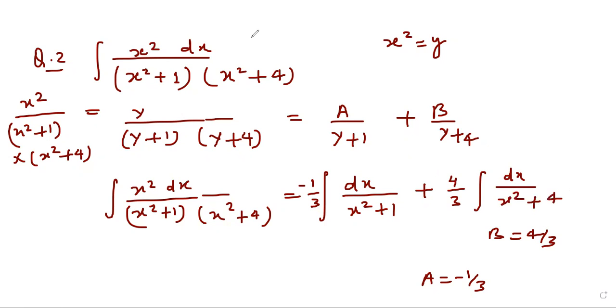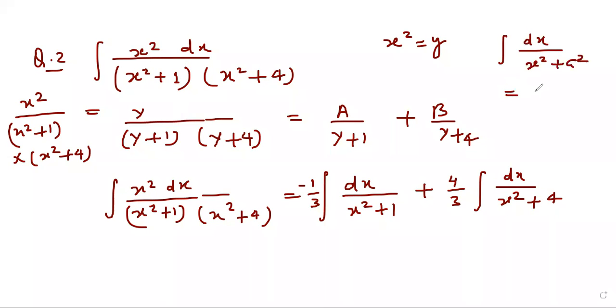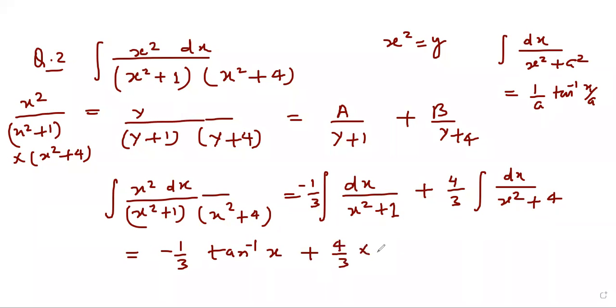Now we can apply the direct formula: integration dx upon x square plus a square will give 1 upon a tan inverse x upon a plus c. So here it will become minus 1 by 3 tan inverse x only, because a is 1, and the second one will become 4 by 3 into 1 upon a.